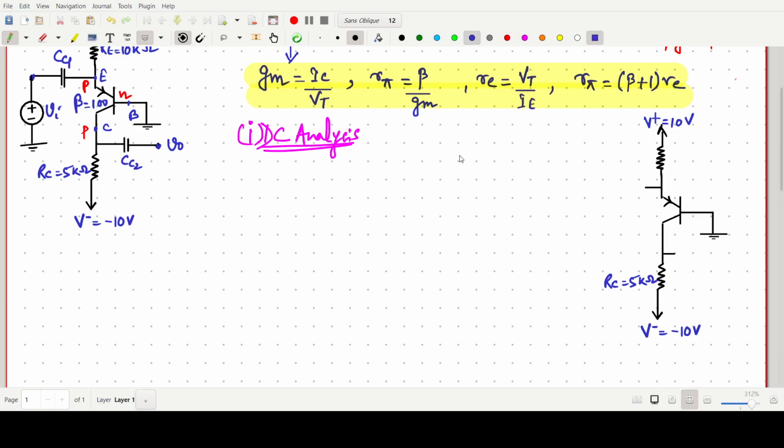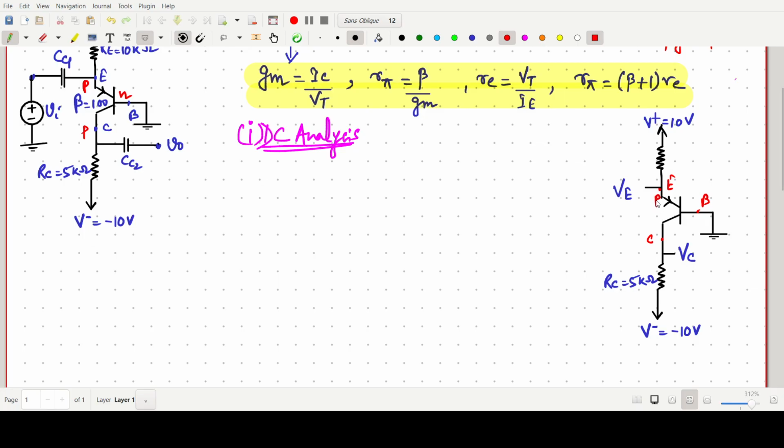Basically, this voltage is our VE, and this one is VC. This end is our emitter, this one is the base, and this one is the collector terminal.